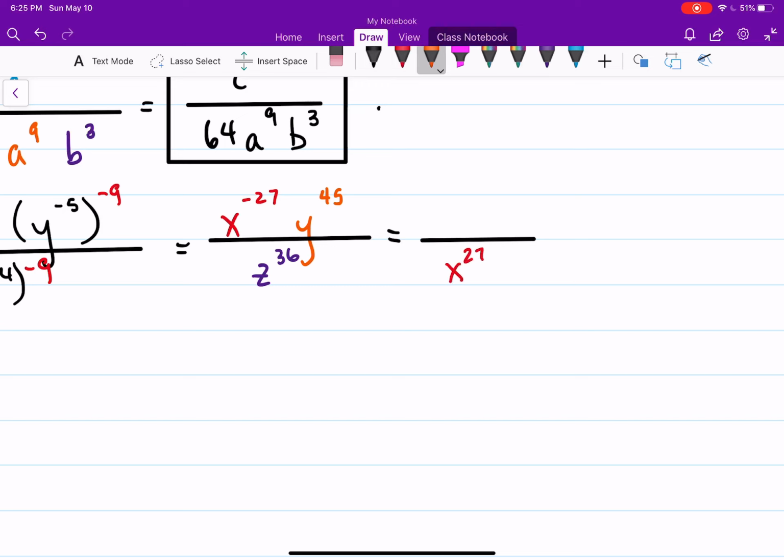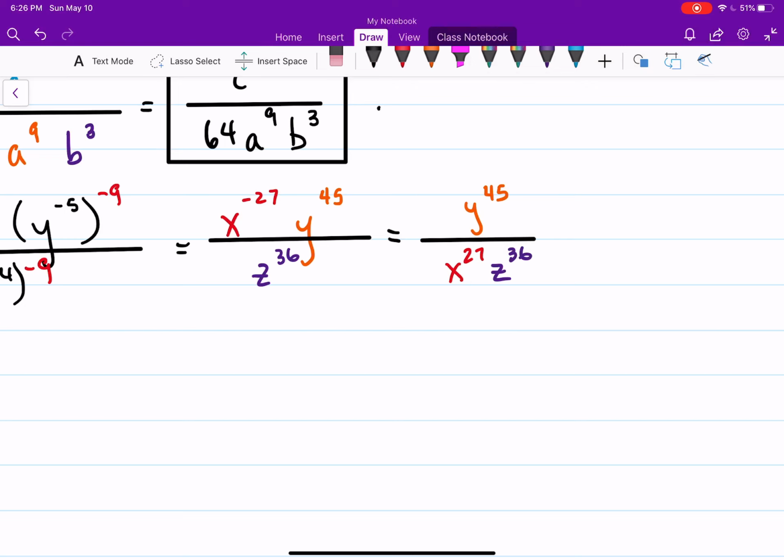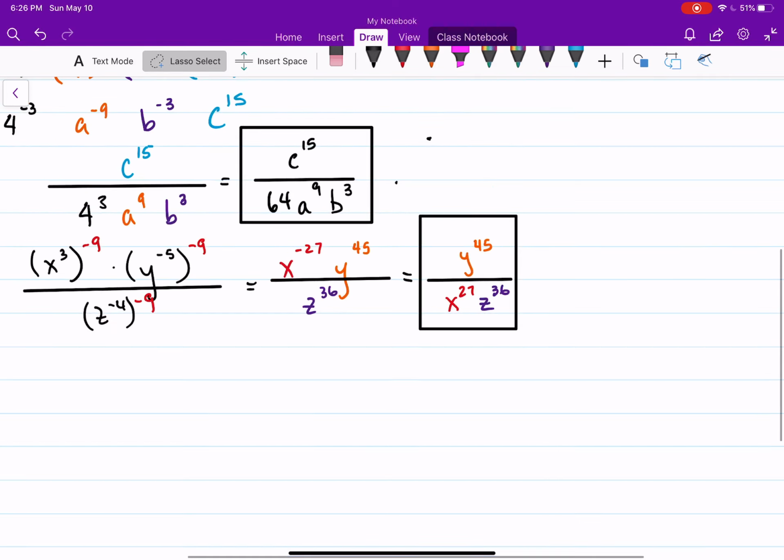How about the y? Y likes being on top. How about the z? Z likes being on the bottom. So they're going to just stay. So I have nothing I need to simplify. So therefore, that would be my answer. Not too shabby, all right?